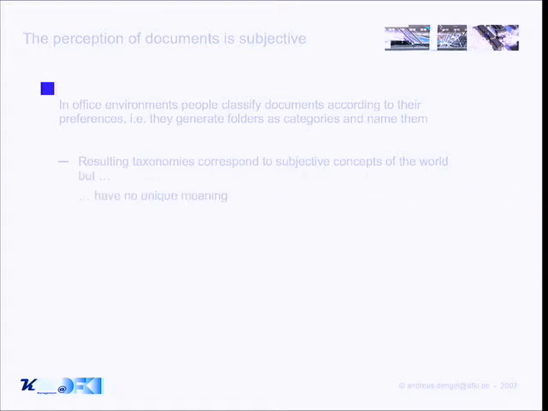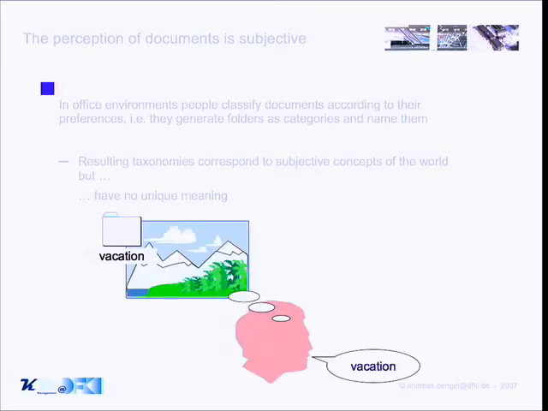However, these concepts have no unique meaning. I just take a simple example like this folder and give it the name vacation. We could have something in mind, collecting information about our preferences, what kind of vacations we do.